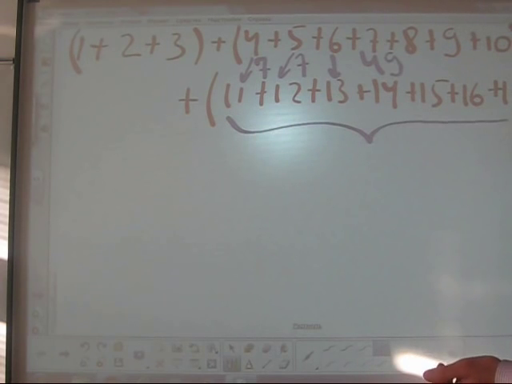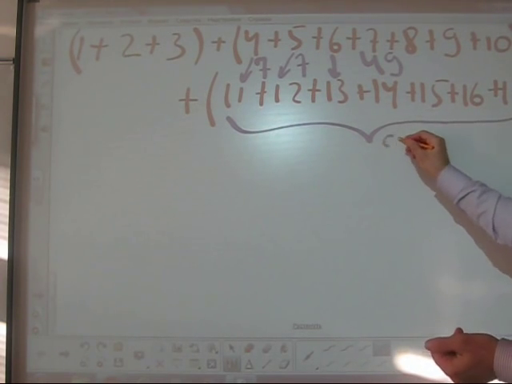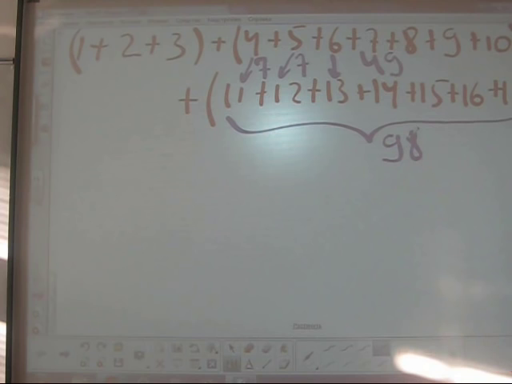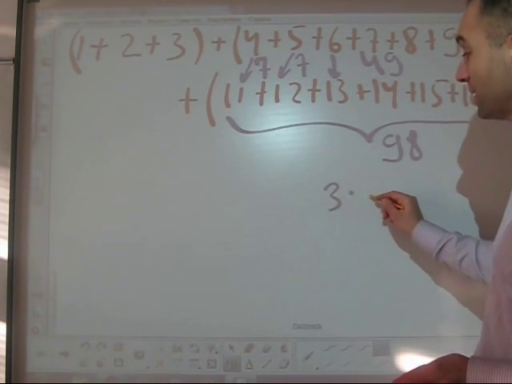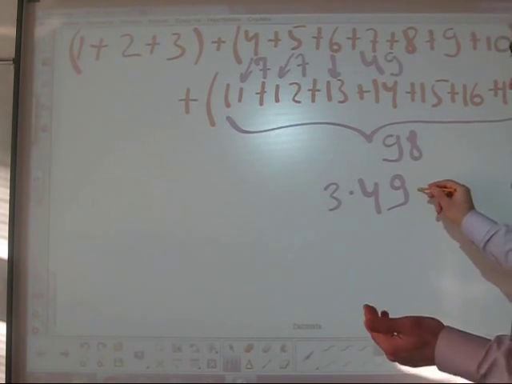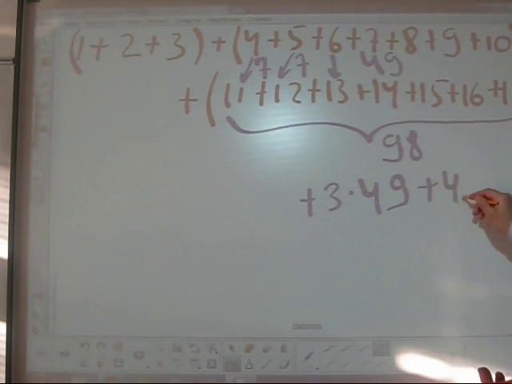So here the sum is 98. Next sum will be 3 times 49, next will be 4 times 49.